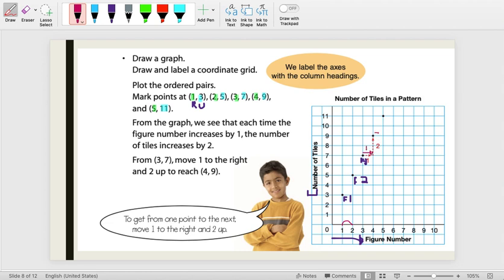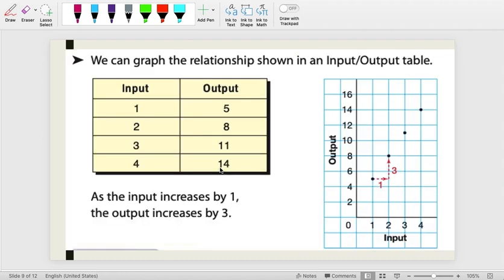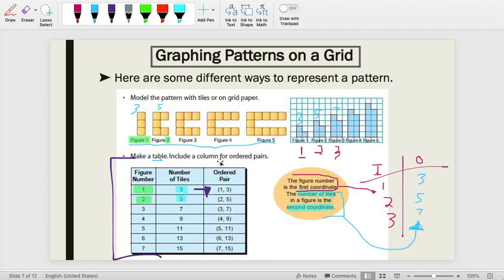Every time we go right 1, we go up 2. And this is our pattern. All right, this is the rule that relates it. To get from one point to the next, we move 1 to the right, and up 2. So again, we can get an input-output machine, and we just kind of work backwards.